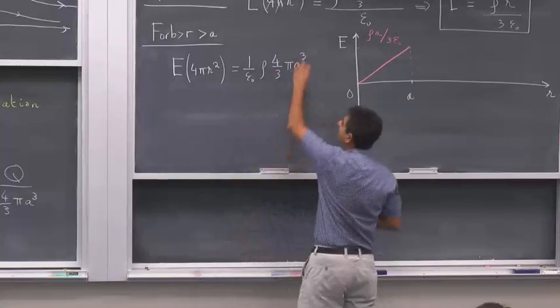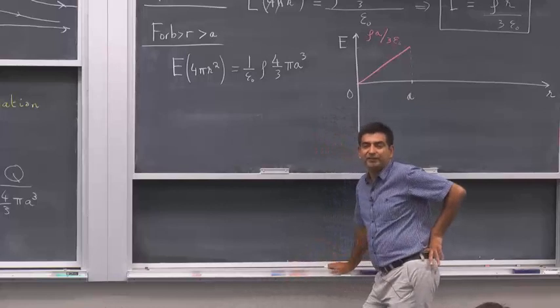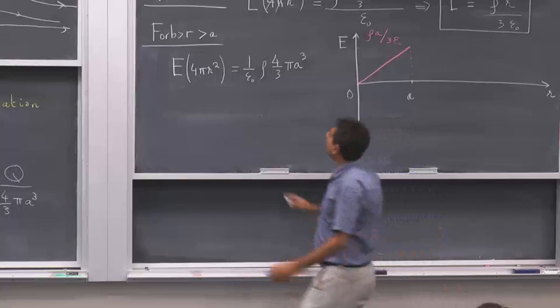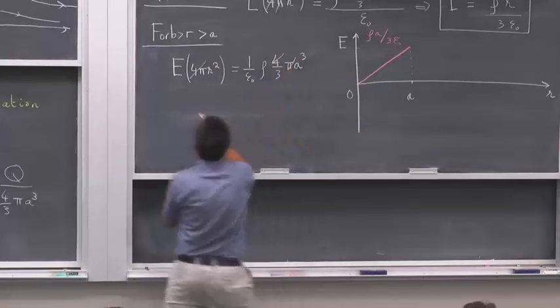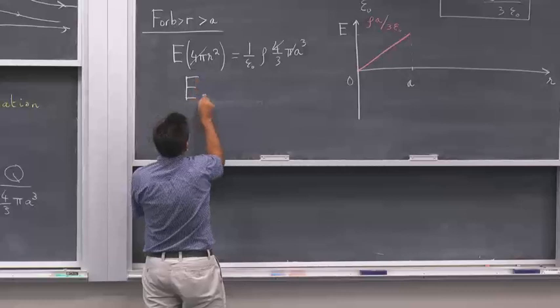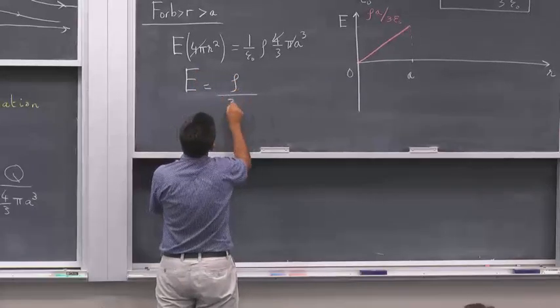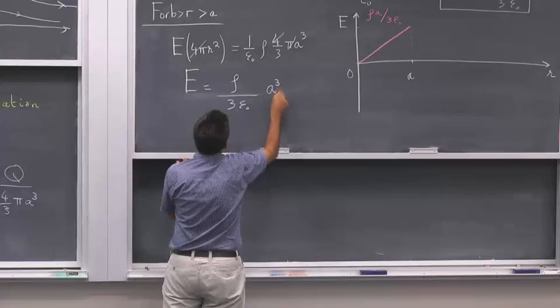Now I have the total volume of this insulating sphere, because all of it is inside the Gaussian surface. Now I can cancel out the 4, the pi, and E turns out to be rho over 3 epsilon naught, A cube over r squared.